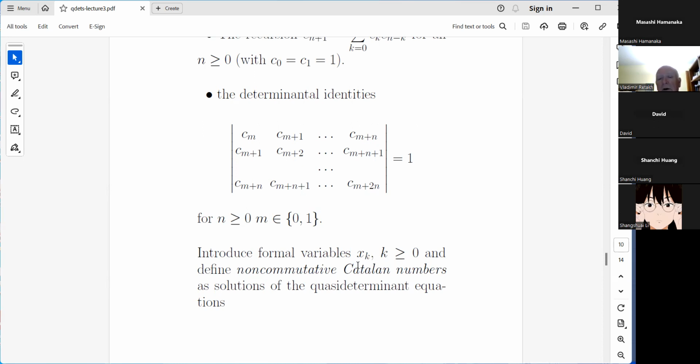They do not commute, they are free letters, starting with x0, x1, x2, and so on. And you define these non-commutative Catalan numbers as solutions of this quasi-determinant equation.